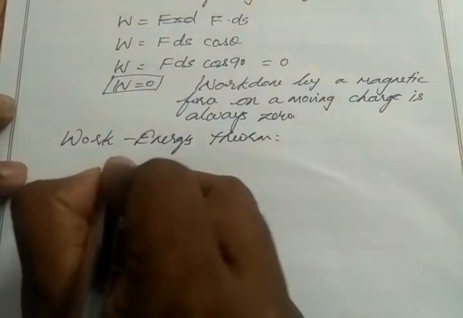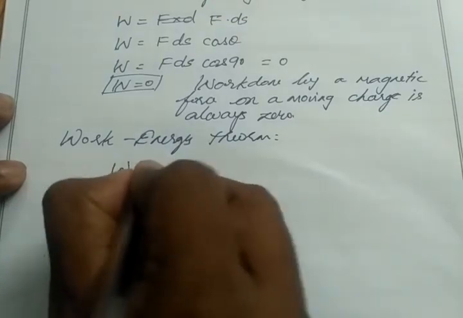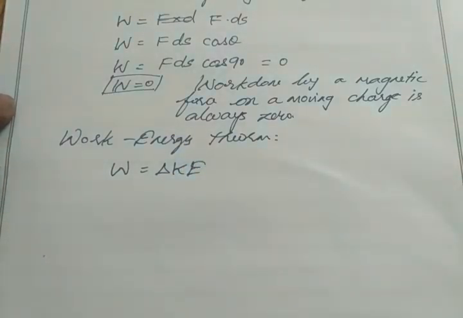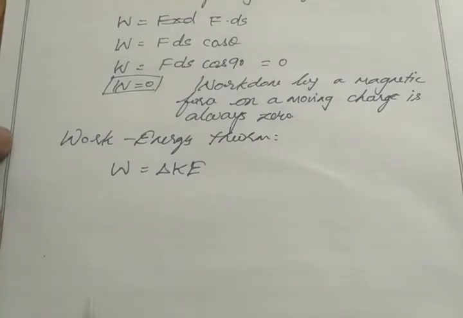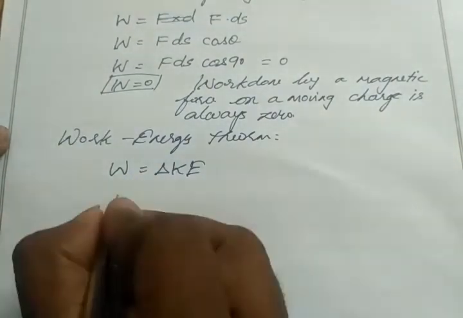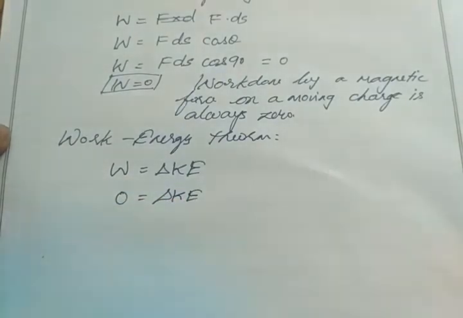That is work equal to change in kinetic energy. Remember this equation we studied in 11th standard. Work will be equal to change in kinetic energy, right? So by this equation we have work equal to 0. If you substitute 0 here, I get change in kinetic energy equal to 0.